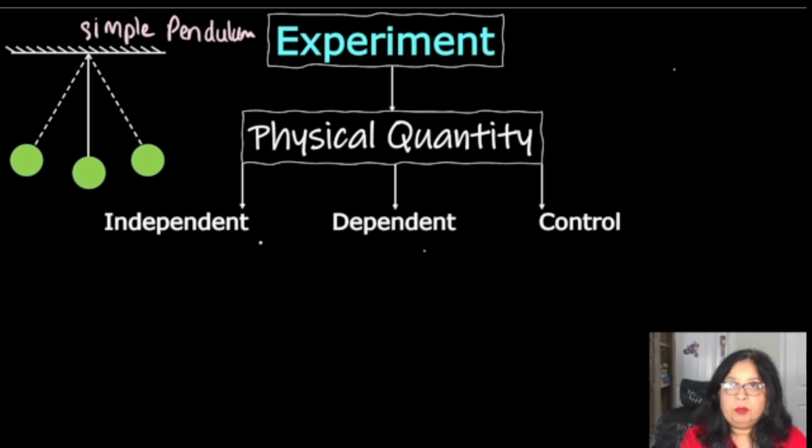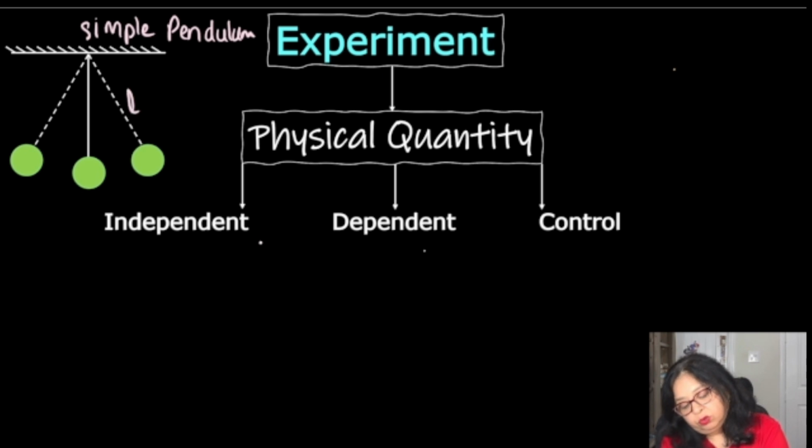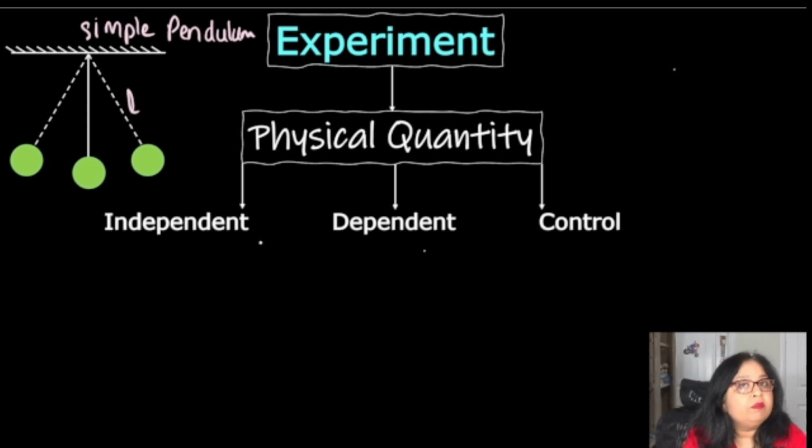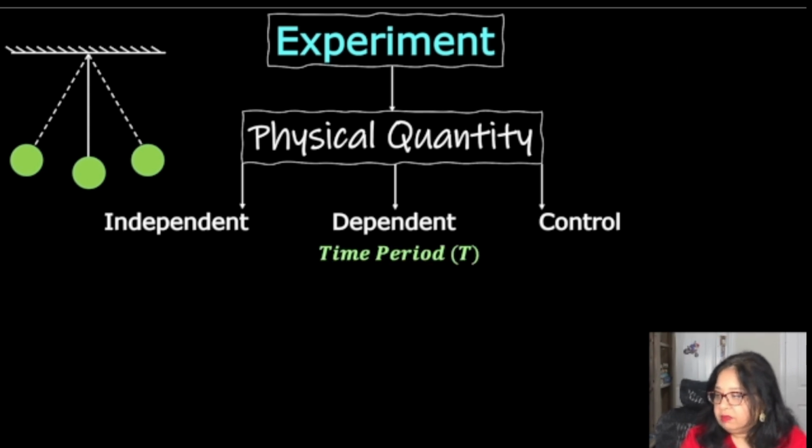So in this experiment, we are trying to see how the time period of a simple pendulum varies in response to change in the length L of the simple pendulum. So here, time period is the dependent variable, and length, we're changing the length of the simple pendulum.